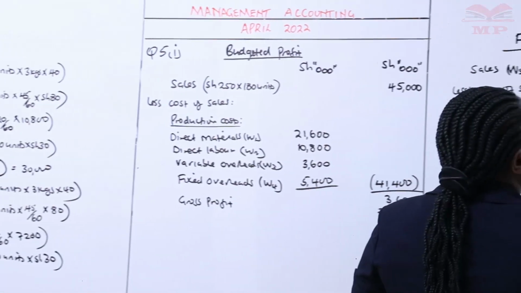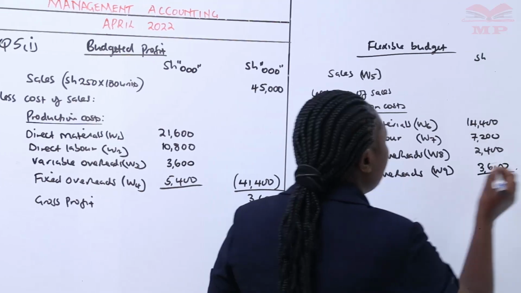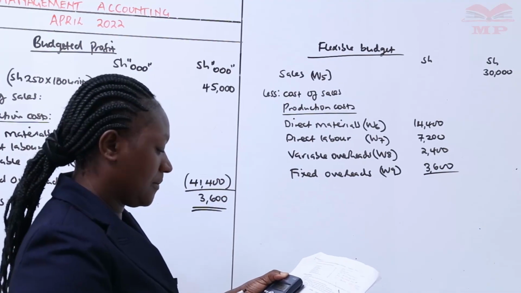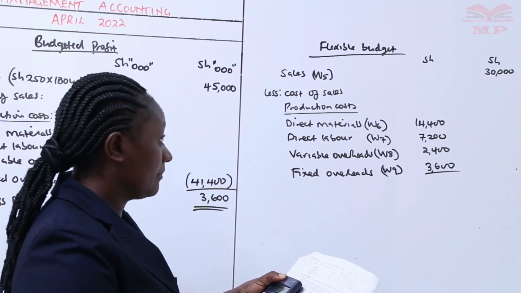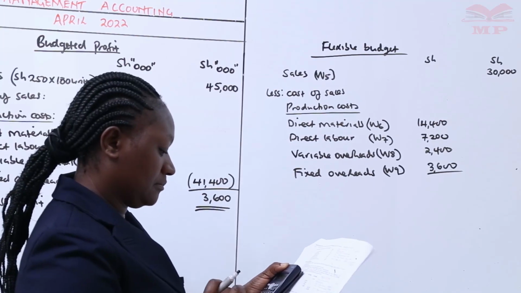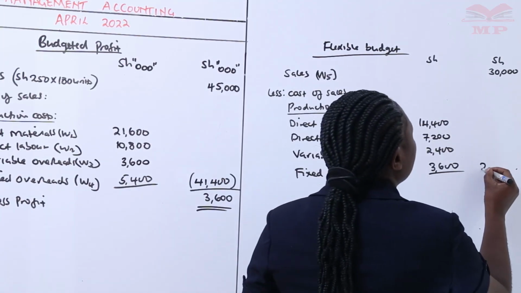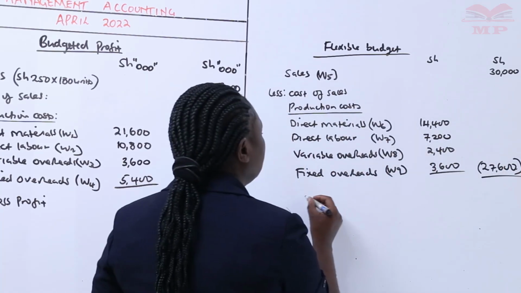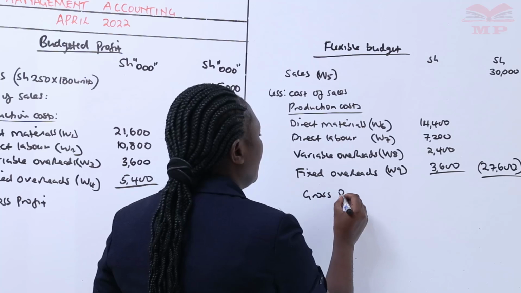And this will give us 3,600. Again, we get the total. And the total is 27,600. We subtract, we get the gross profit.